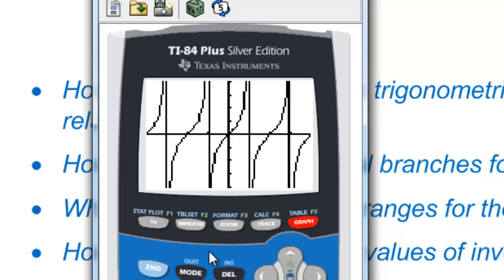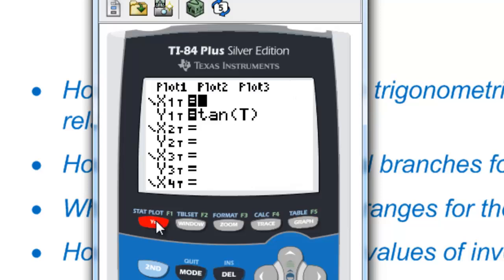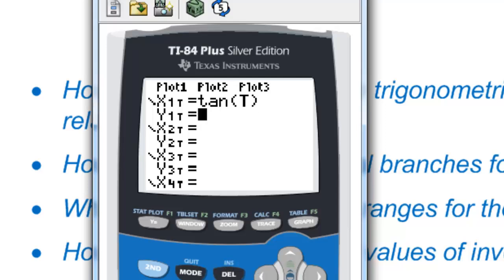To plot the inverse relationship, I switch the information in my x and y equations, just like we switch x and y to determine an inverse. So I'll start with tangent of t in the x line, and then I will put t in the y equation.